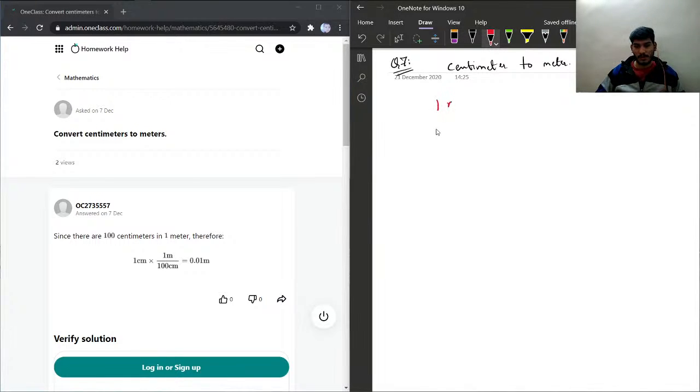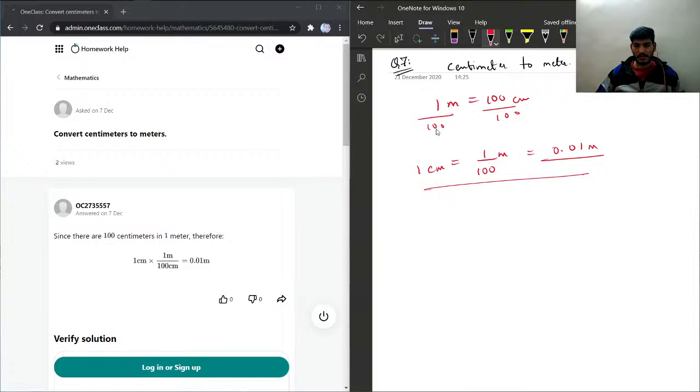Basically 1 meter is 100 centimeter. So for 1 centimeter, we'll divide both sides by 100. So 1 centimeter will be 1 over 100 meter, and this will become 0.01 meter.